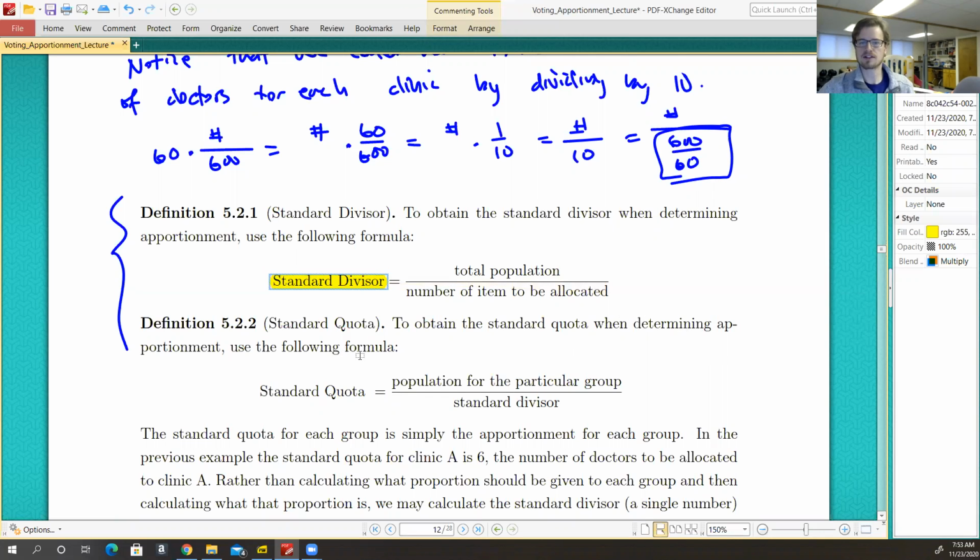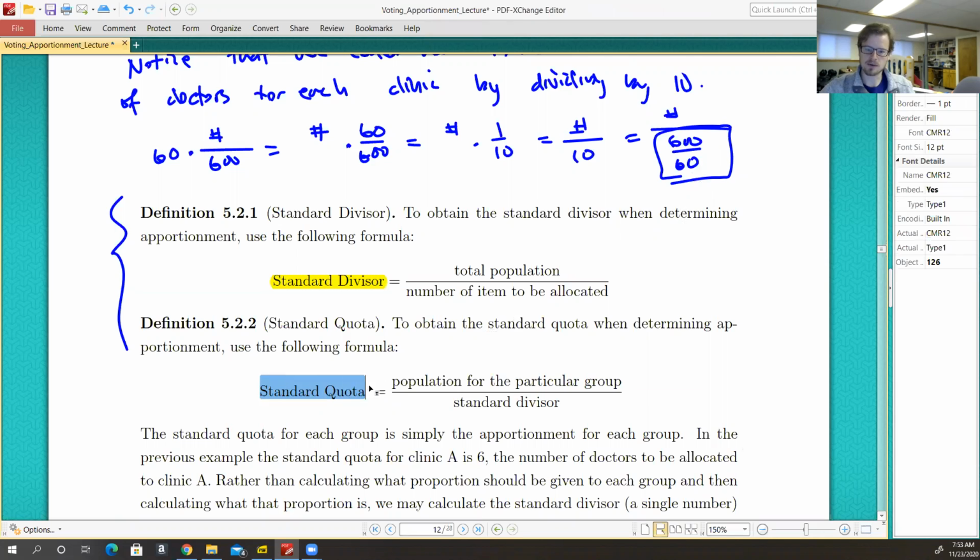And then I can take the number we have in each particular group, so the number of patients seen each week by a particular clinic, divided by the standard divisor to find how many should be allocated. And that number is called the standard quota.